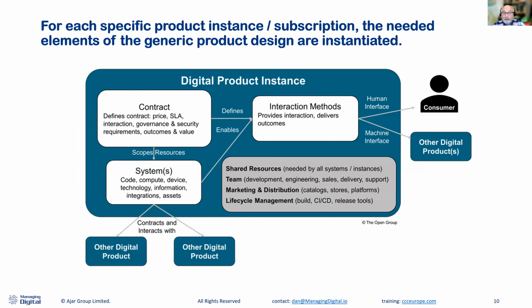A slightly more complex view of the digital product instance is here, where the consumer with a human interface with some methods, and other digital products also have different ways of interacting. And the system itself that we need to supply the product probably, almost certainly, consumes other digital products.